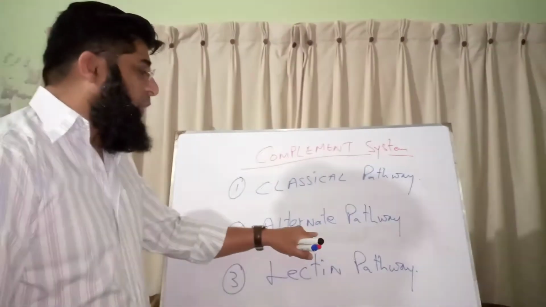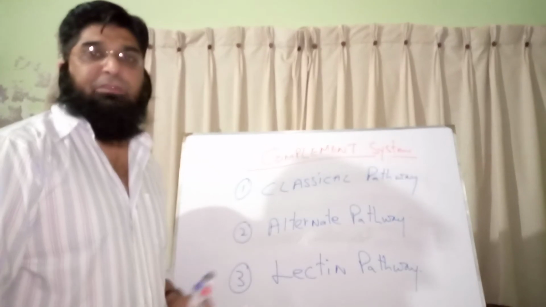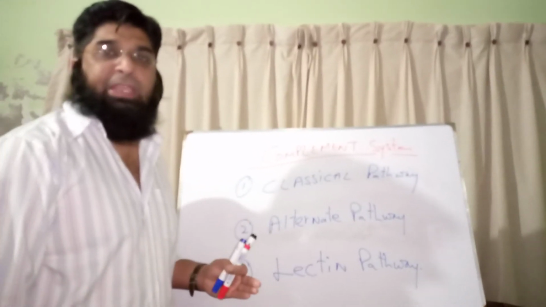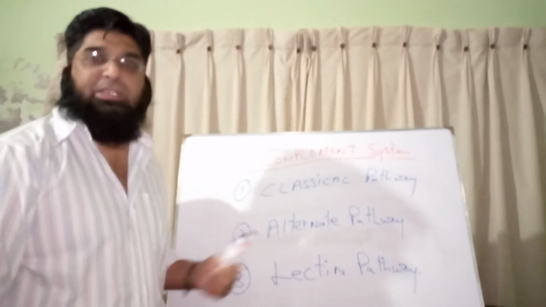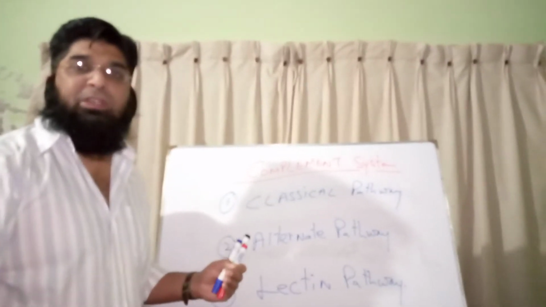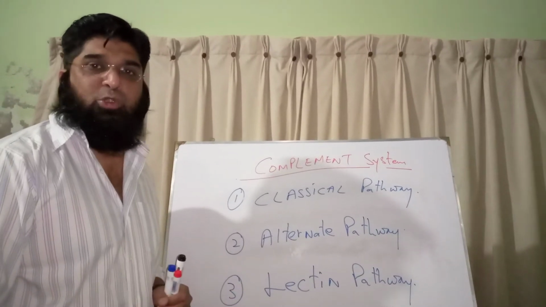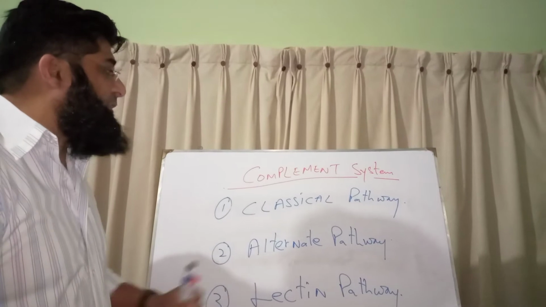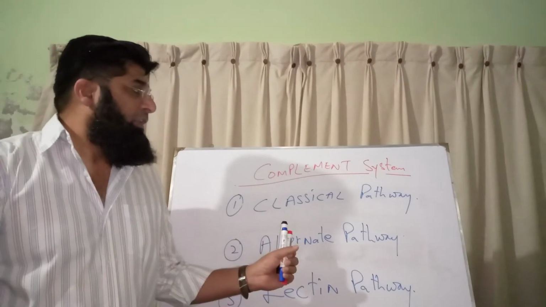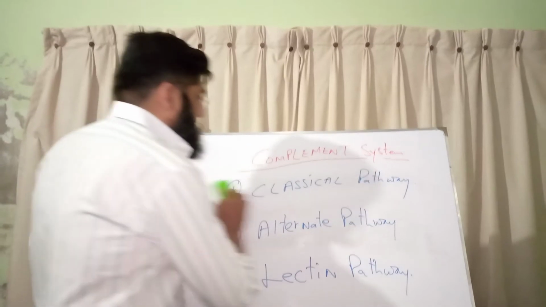They need only the offending antigen, and this offending antigen may be simple bacteria, viruses, or even the endotoxins produced by different strains of bacteria. Okay, these are the three pathways which activate the complement proteins.